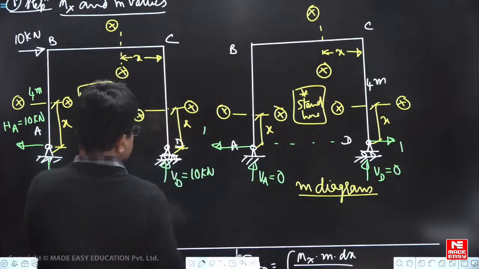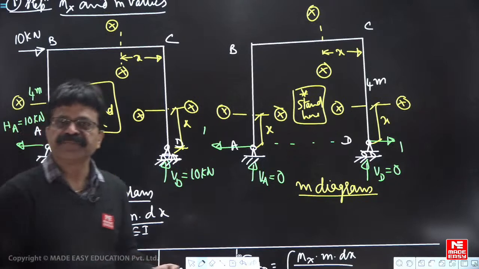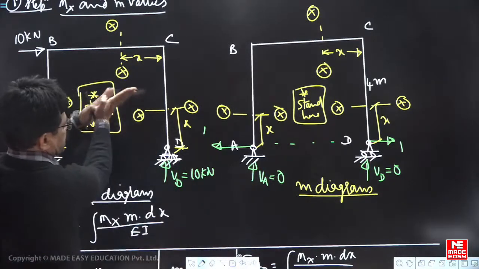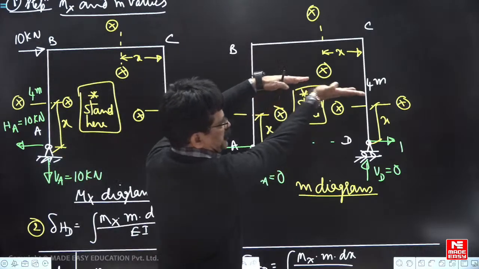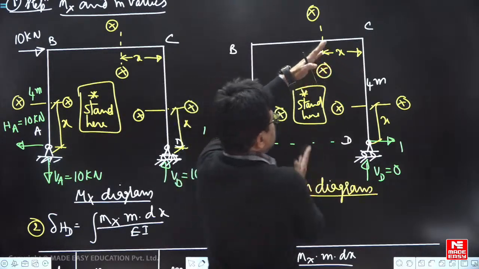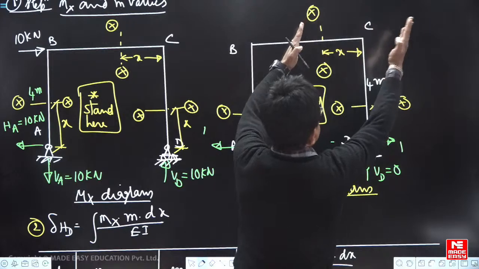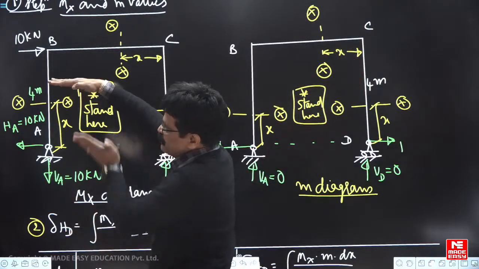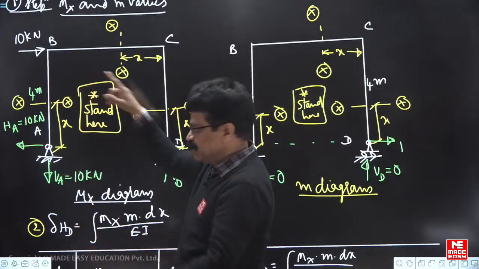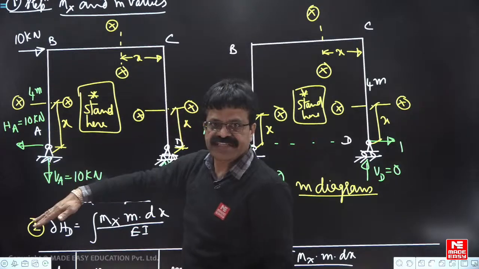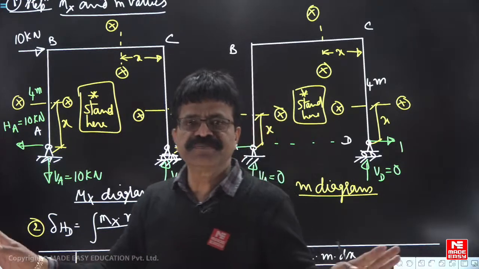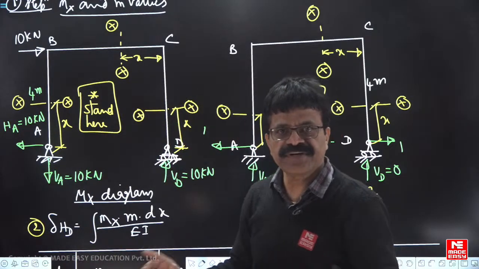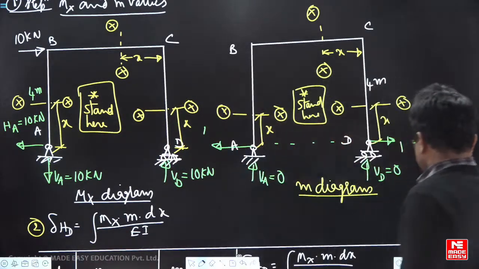To decide whether it is producing sagging or hogging moment, go inside the frame, stand here, look right side. Here also go inside the frame, stand here, look right side. Here go inside, stand here, look right side. Here go inside the frame, stand here, look left side. That way if you follow, your strength of materials sign conventions will match. Sagging positive, hogging negative.